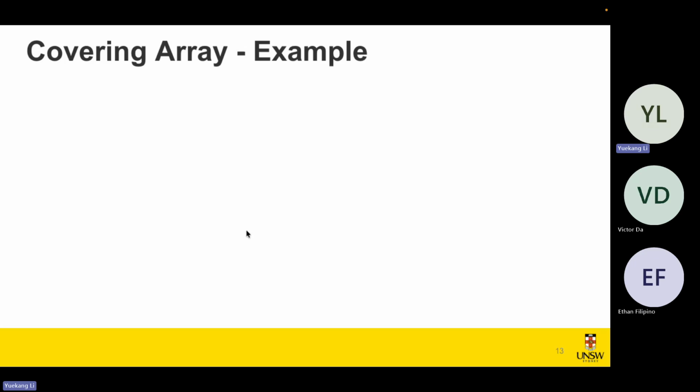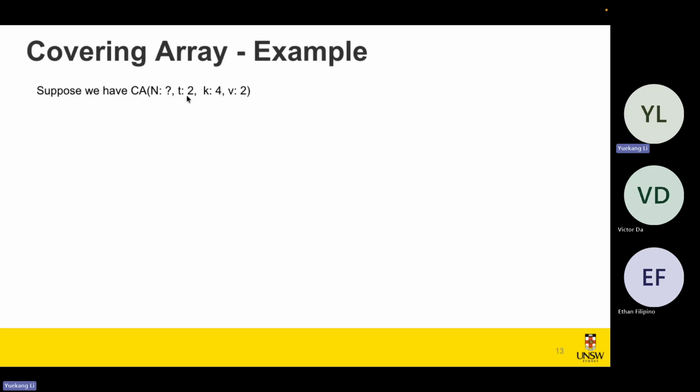So apart from the definitions, let's try to learn this with a more concrete example. Suppose we have a covering array that cares about, remember T is the T-way combination, T means the interaction level.